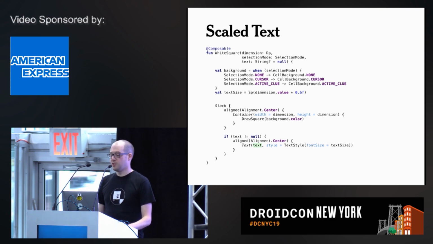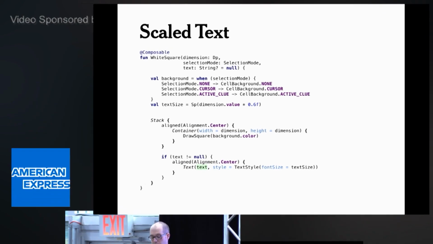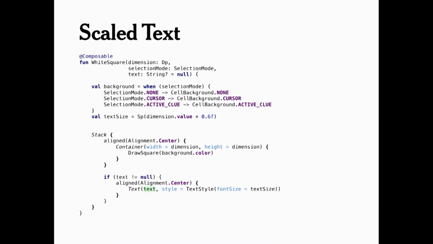So let's go and talk about doing scaled text. I'm going to amend my white square function here even more, and this is a lot of code, but we're going to walk through each of these. So first off, I'm going to pass in to my function here the text for the square.